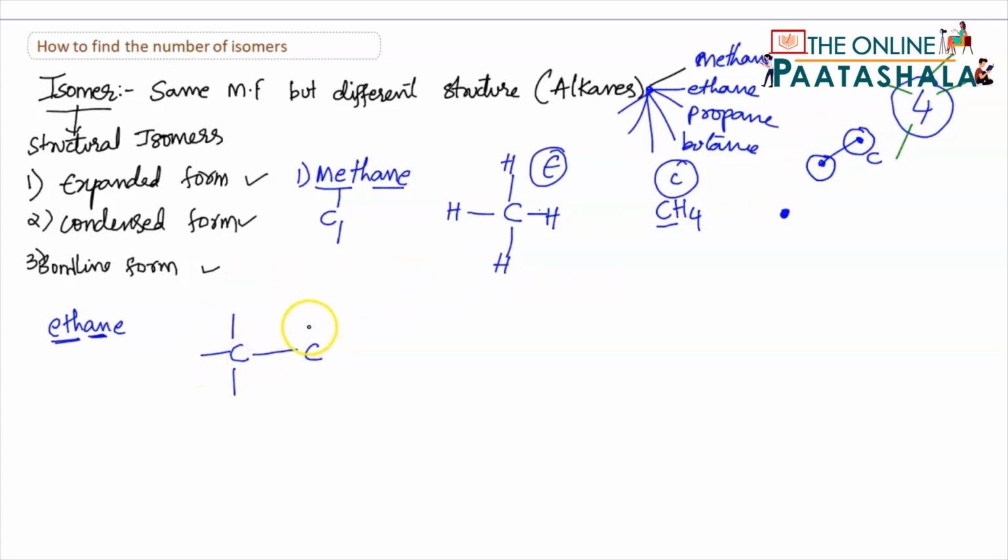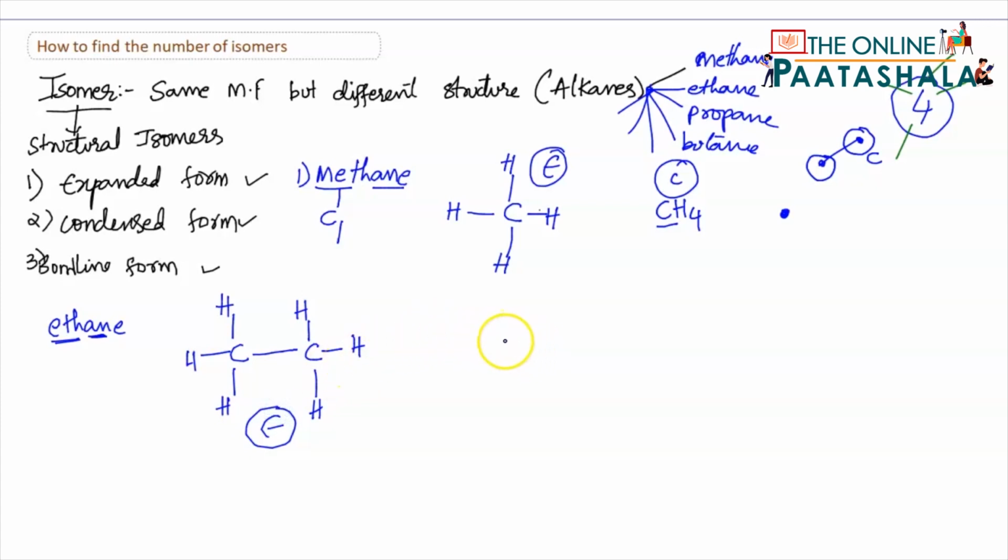So we add hydrogens to each carbon. We call this the expanded form.